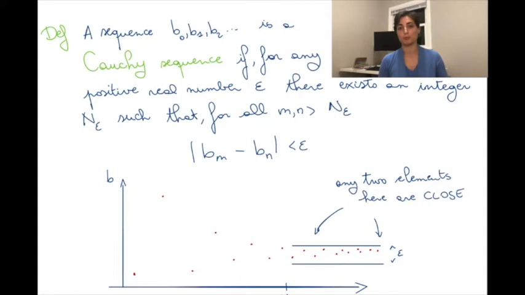That means that any two elements you choose after N epsilon are closer than epsilon to each other. Visually, that means that indeed your swings are decreasing, and you can imagine that the sequence is convergent. Also, the fact that you can choose any epsilon means that for any value you can just shift a bit further on in the sequence, and this width in which all elements lie will just get smaller and smaller.